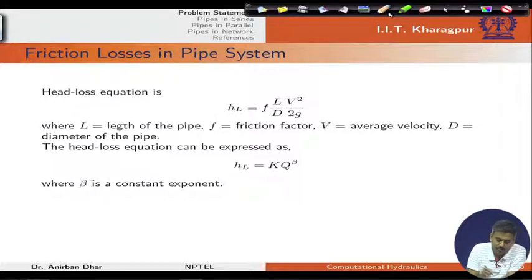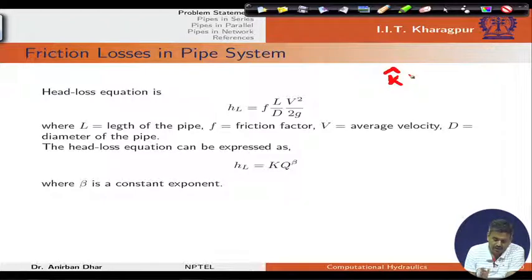in our problem statement we have utilized this K hat. K hat is nothing but the coefficient which considers the loss components in a junction, entrance or exit points.